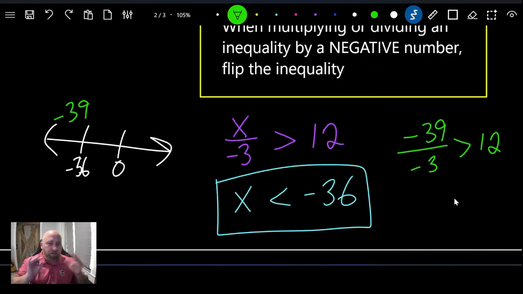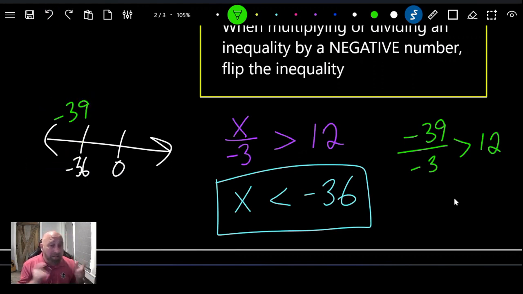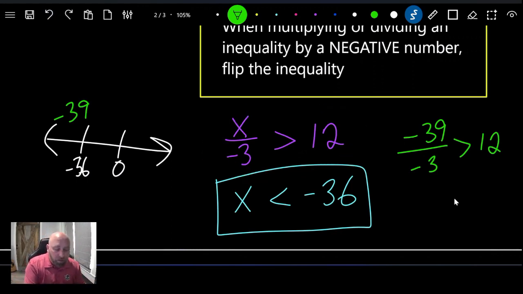So I want you to understand that this does make sense. The fact that it's pointing to this side means that it's less than, but then when we put it back into the original, I want you to see that it does really make sense, and I'll show you why. Notice what happens here is we have negative negative. That's the trick to this, right?